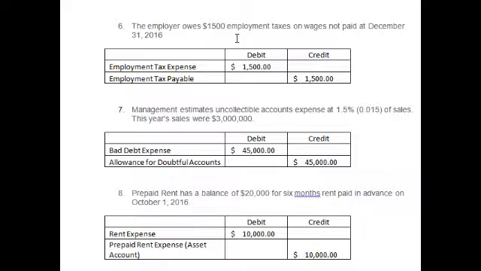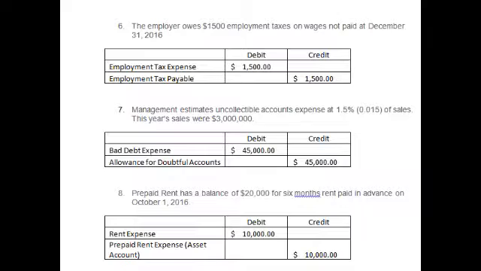So assuming this is our employer's employment tax expense, we need to capture that expense. At the end of the year, we are not going to pay the government that payroll tax expense yet. However, we will capture it for our financial statements. So we increase tax expense and we also increase the tax payable account.